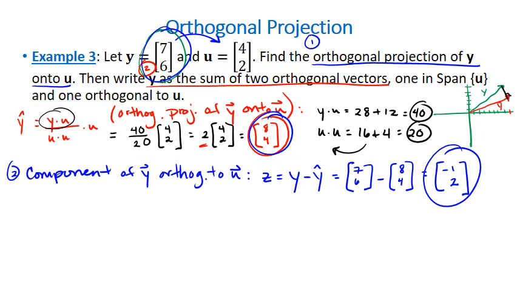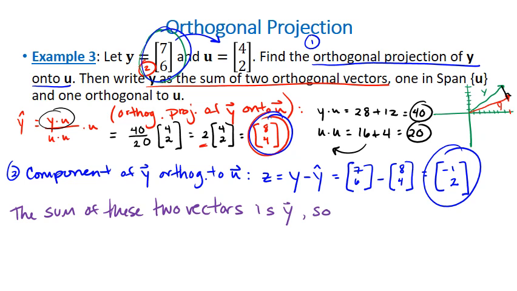Okay, so if I want to find the sum of these two vectors, the sum of these two vectors is y, so y is equal to y hat minus y hat. So, let's see.